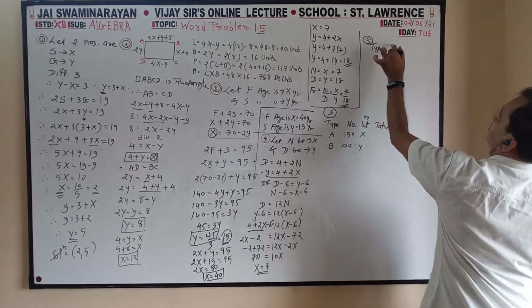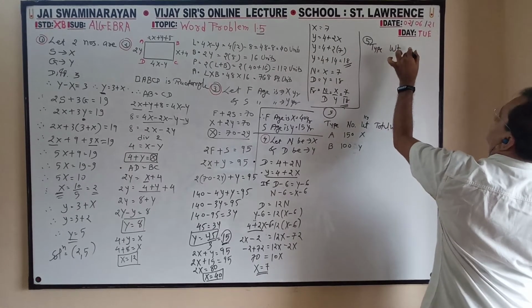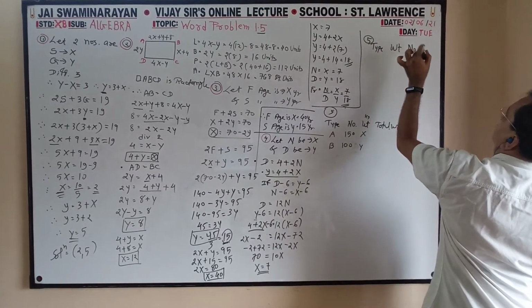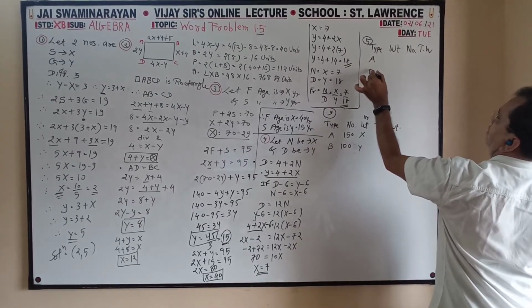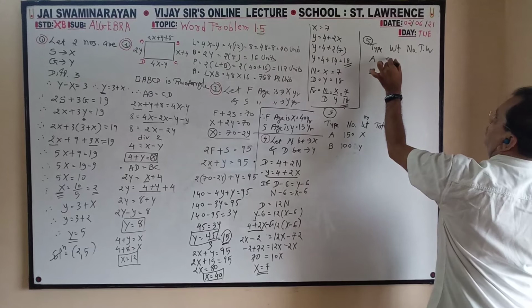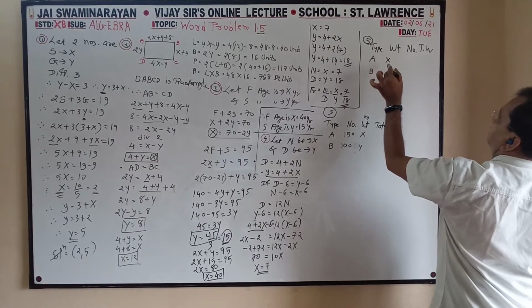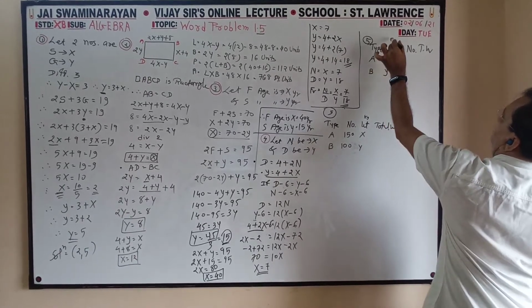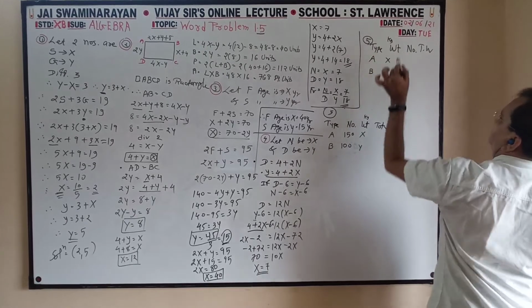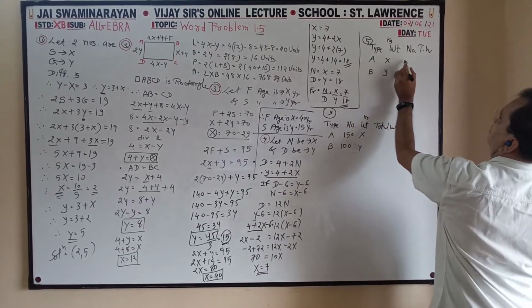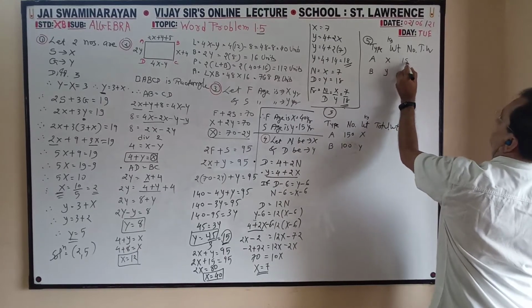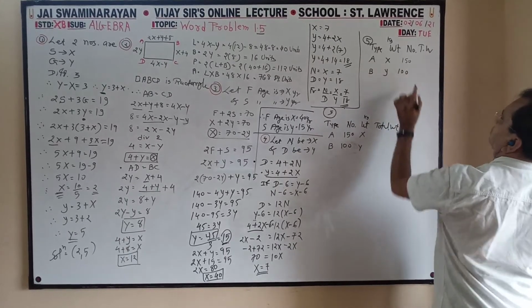Type, weight, number, total weight. Type A box, type B box. The weight of the first box is x, we don't know. This y, we don't know, we have to find out, in kg. And the number, this is given 150 boxes, this is given 100 boxes.